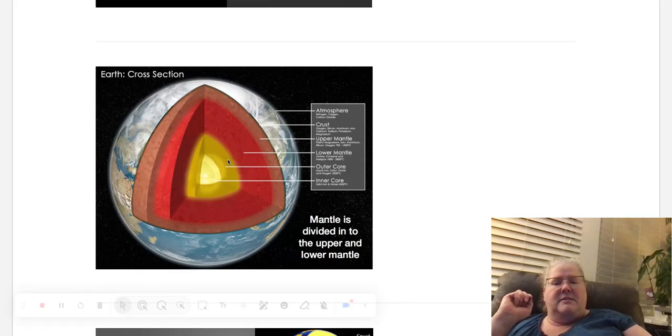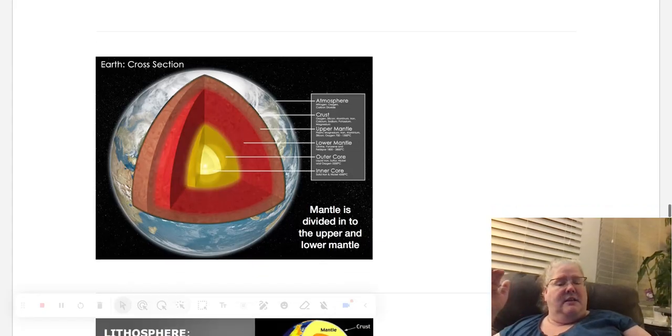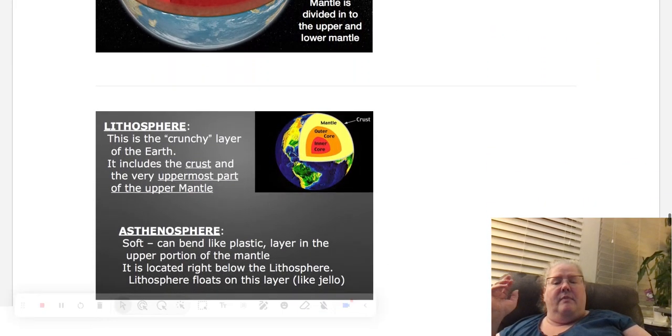That's the one that creates our dynamo effect and creates our magnetic field. And this is that squishy, plasticky mantle layer. And we divide it into the upper mantle, right below the crust, and the lower mantle, right above the outer core. So that's the next thing we're going to take a look at.